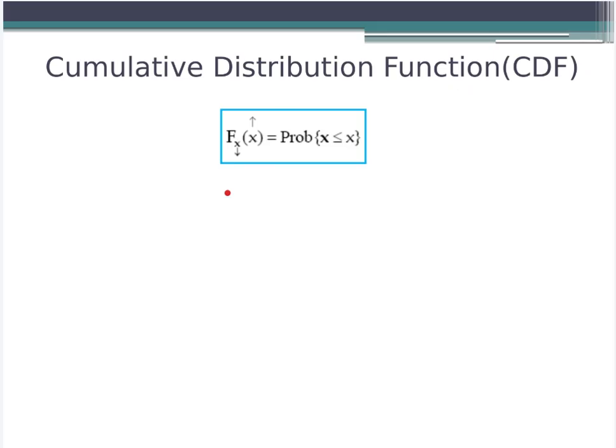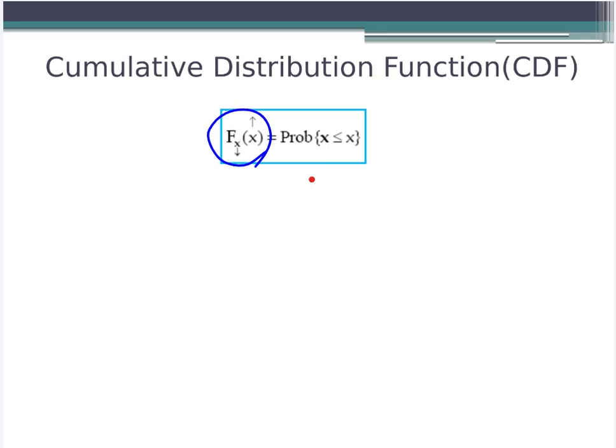What's the meaning of CDF? How is the CDF defined? Here we have the definition of CDF. We use this notation for the CDF of random variable X at a point x. At a point x, the CDF is the probability that the random variable is less than or equal to the value of x.